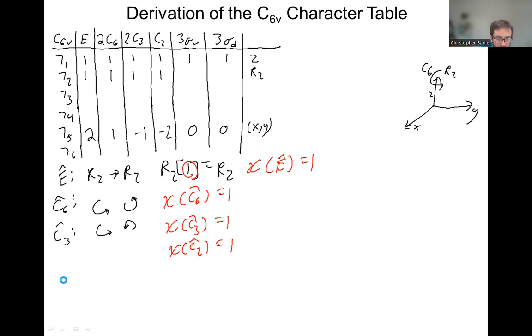Now, what about the sigmas? So what about sigma v? So let me go back and draw our sigma v. We defined it as being in the x plane, and I guess I should have drawn that a little taller so that we can see how it cuts through the z-axis.